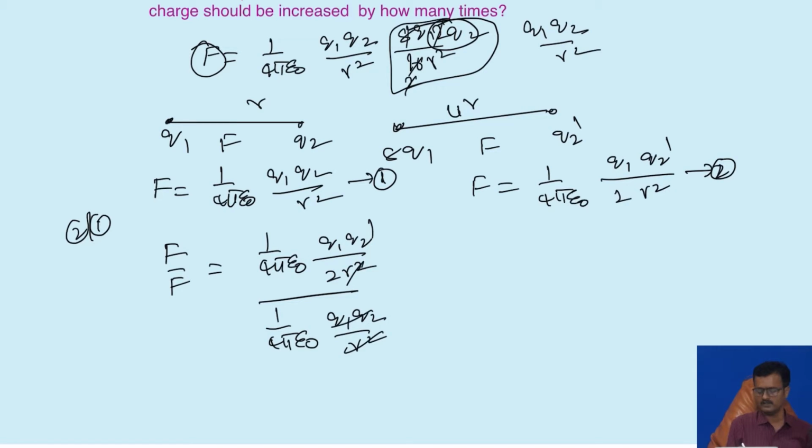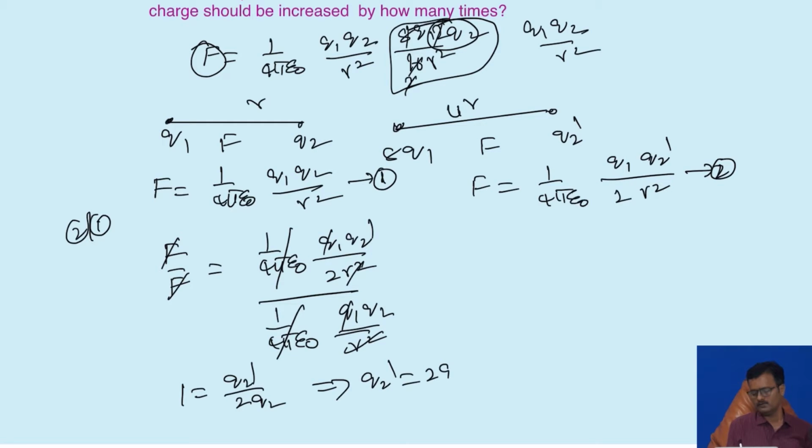See here, R square cancels, 1 by 4 pi epsilon naught cancels, F F cancels, Q1 cancels. 1 is equal to Q2 dash by 2 by Q2 by 1. So that is 1 by Q2. So what is Q2 dash? That is 2 Q2. So the charge is increased by 2 times.